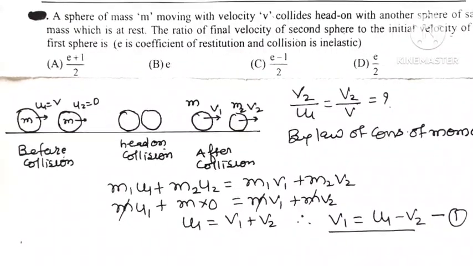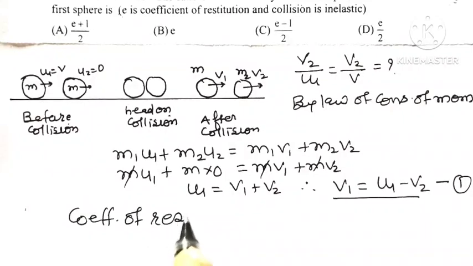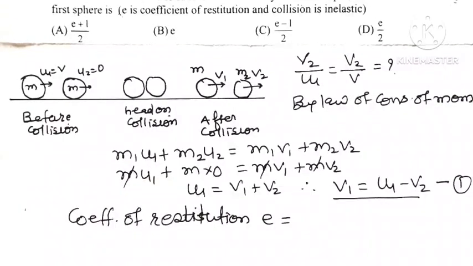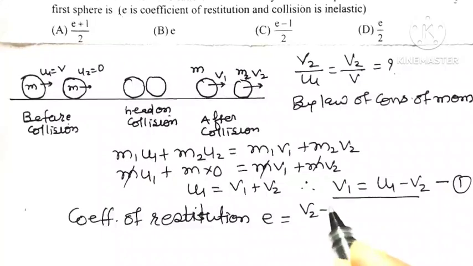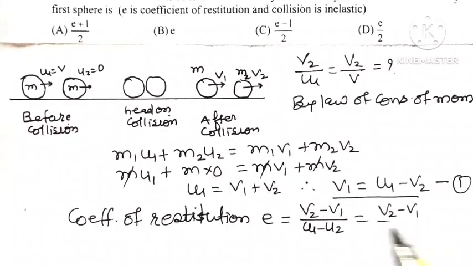Now the coefficient of restitution. How is the coefficient of restitution defined? Coefficient of restitution E is equal to the change in final velocity upon the change in initial velocity, v2 minus v1 divided by u1 minus u2, that is equal to v2 minus v1 divided by u1 minus 0.